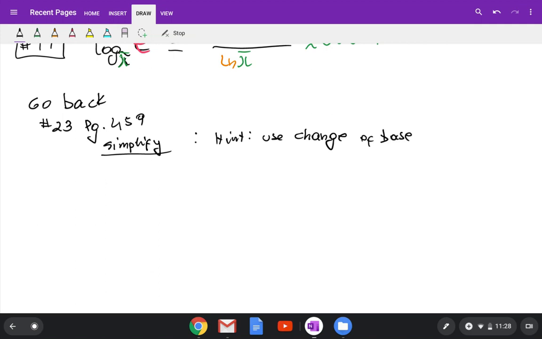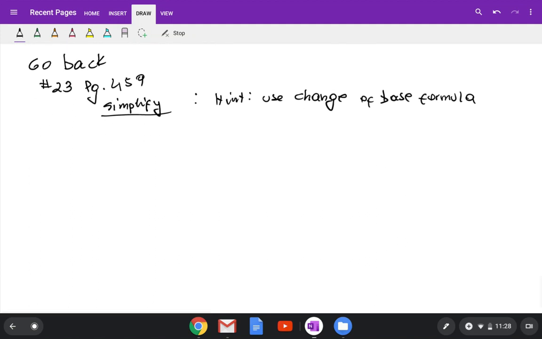There's not only one way in mathematics to get to the final answer. So keep that in mind. Use change of base formula. So that will be the hint. I think there are two problems similar to this one. So you have log base 2 of 6 times log base 6 of 8.